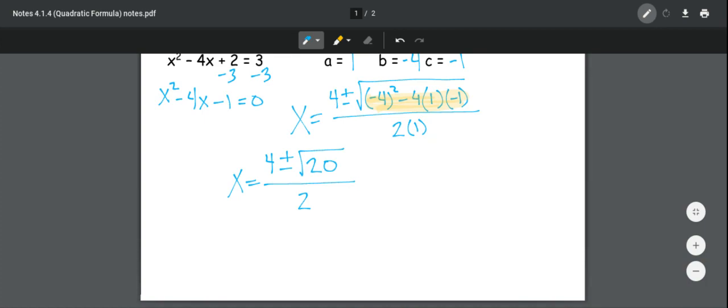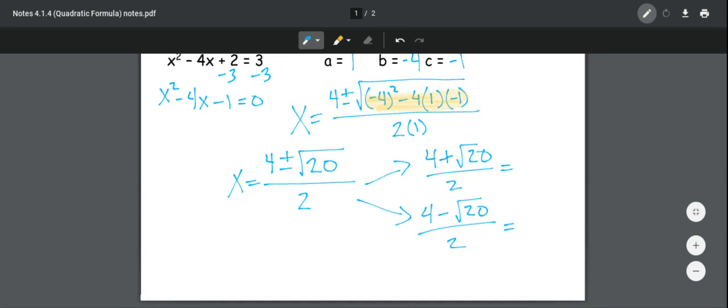Okay? So now, just like every other problem we have had, whenever you solve for x, you get 2 answers. So that's 4 plus the square root of 20 all over 2, and 4 minus the square root of 20 all over 2. So the square root of 20 is 4.472.